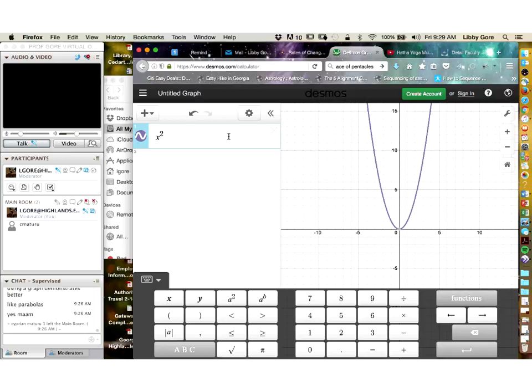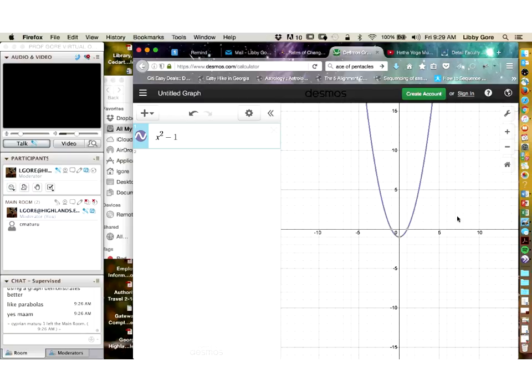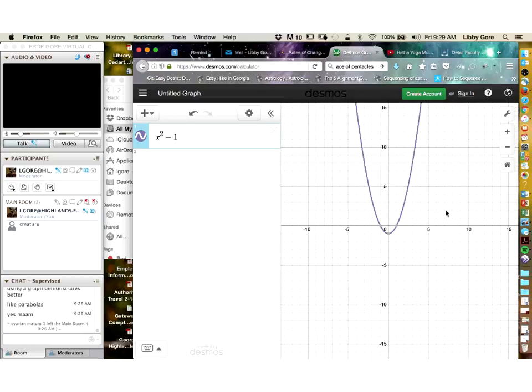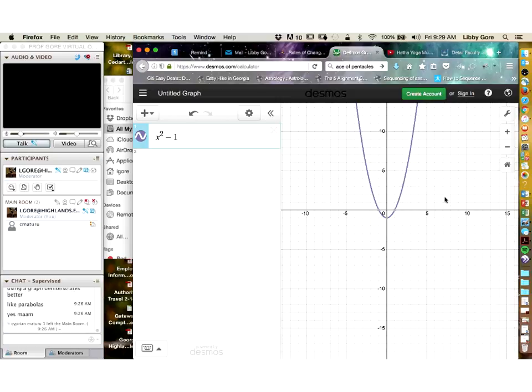So x squared minus 1. All right. So let's take a look here. Now, let me actually take a screenshot of this, and we'll bring it back to our whiteboard so that I can draw on it.